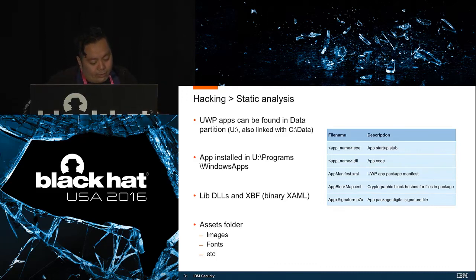The appname.exe is a sort of stub that calls the exported function in appname.dll. And there's also the app manifest and other stuff.